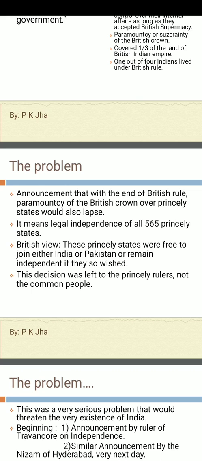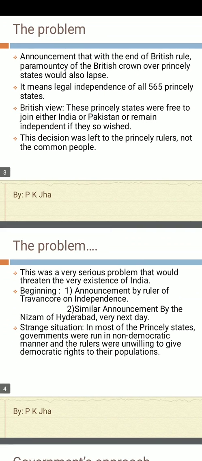Had it been left to common people, the result would have been something else, and we would not have faced this problem. But the problem was faced. As we know, the British wanted Indians to face this problem. Clear, children? And the problem started very soon.